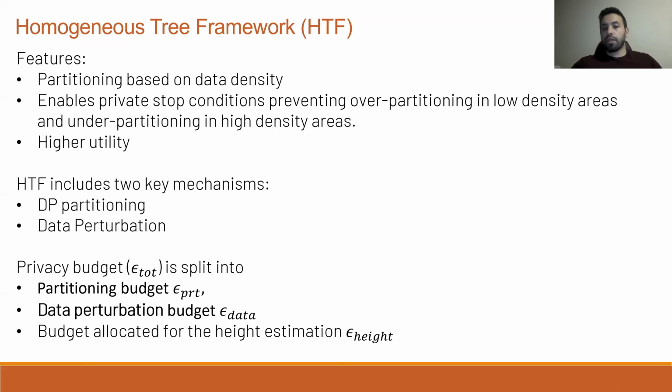The total privacy budget that we have is split into three parts. The first part is the partitioning budget, used for identifying and grouping different cells on the map. The second part is used for the data sanitization. And finally, we have a small amount of budget used for height estimation of the tree.